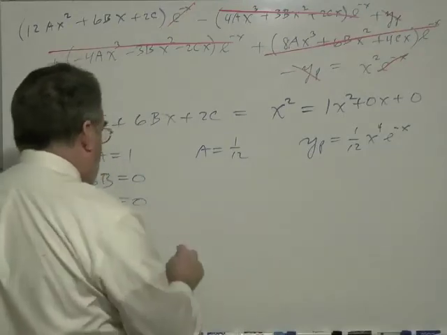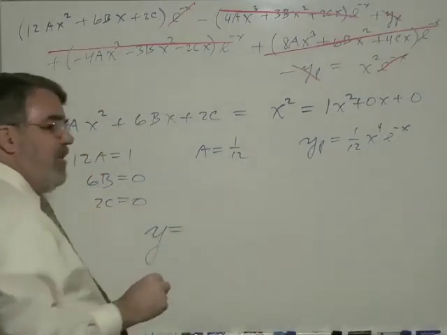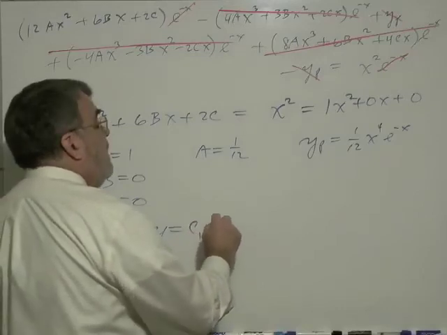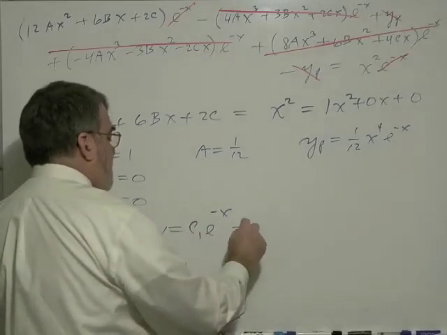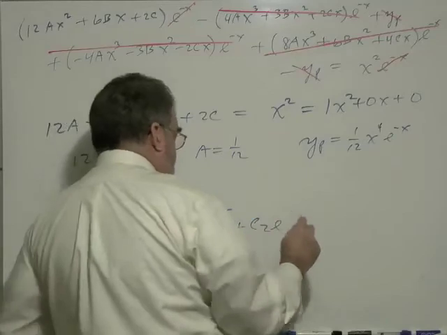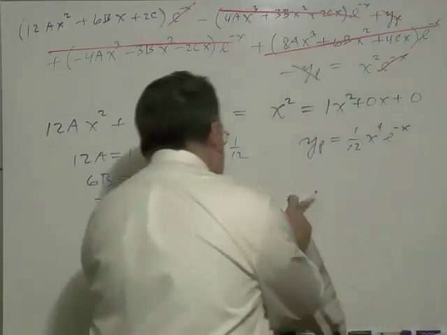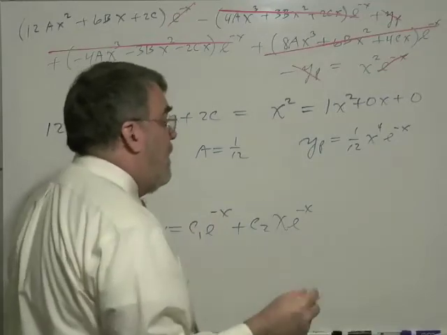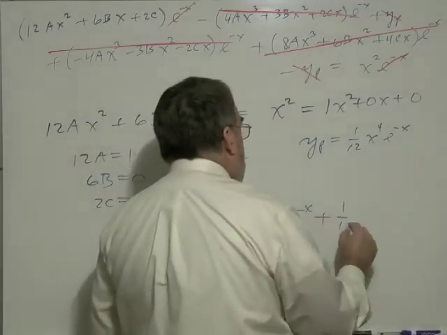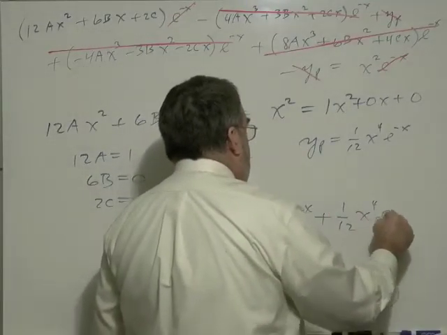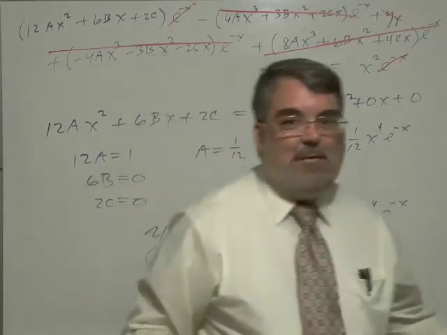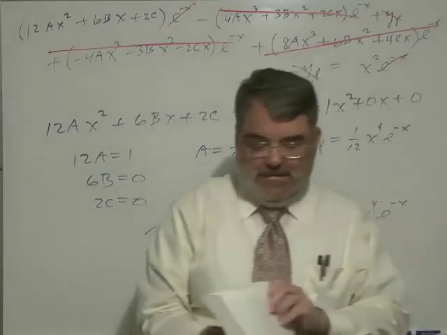So now we can write our full solution, which is c1 e to the minus x plus c2 x e to the minus x plus 1/12 x to the fourth e to the minus x. And, well, moment of truth, let's check the answer on that.